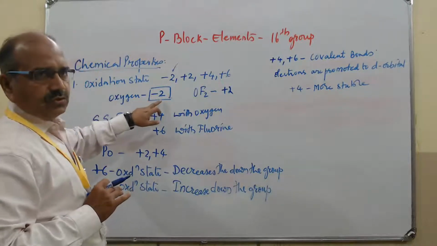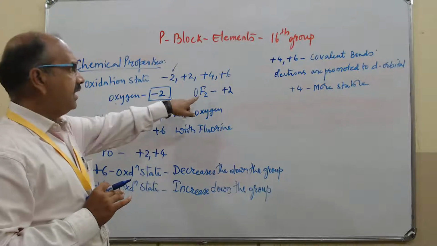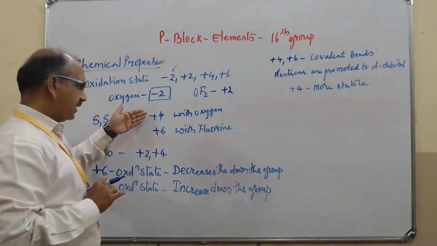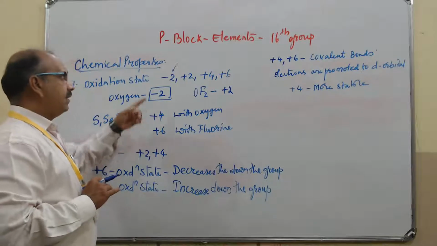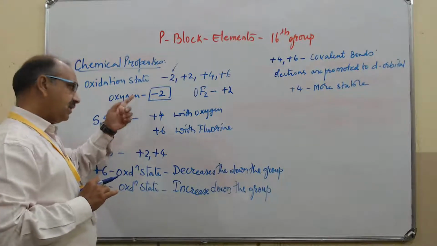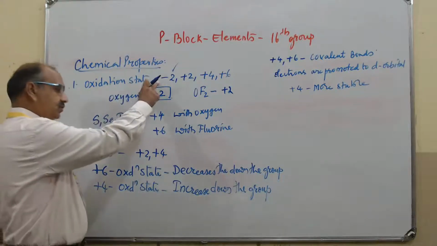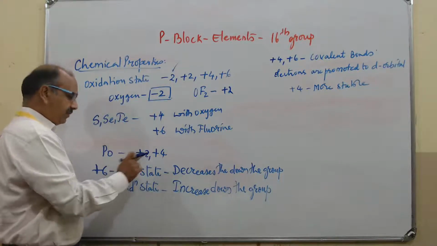Normally oxygen shows one oxidation state, with an exceptional case. The other elements can exhibit +4 and +6. -2 is shown only by oxygen and these elements. Polonium does not exhibit -2; it exhibits +2 and +4.